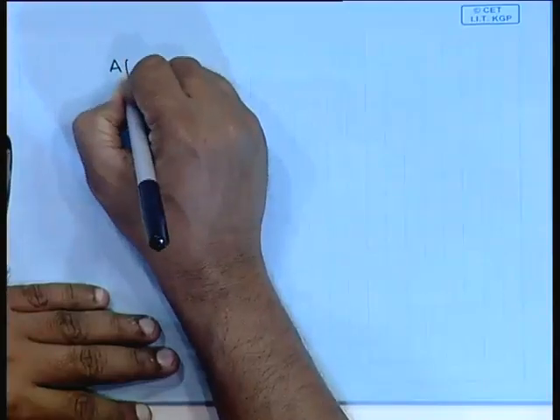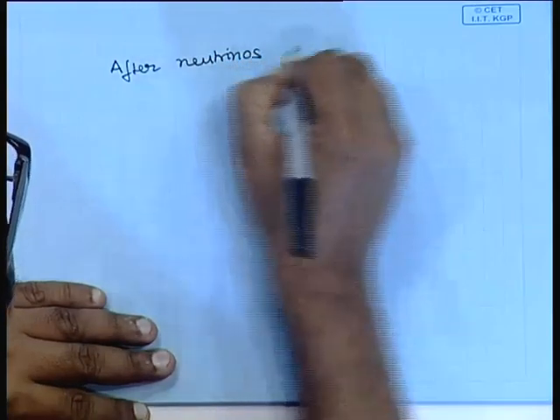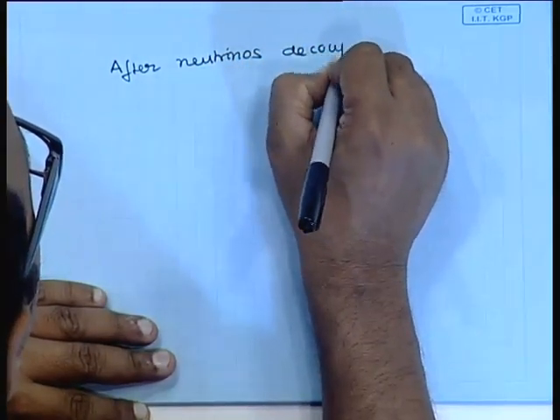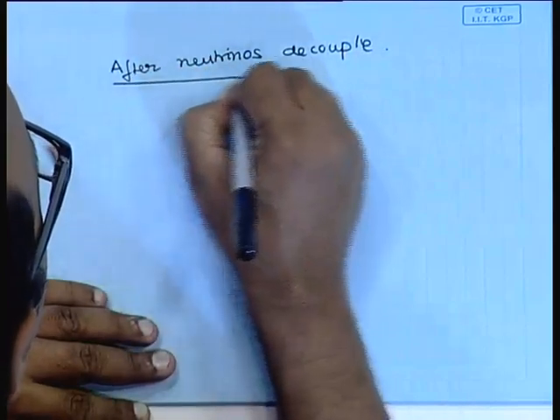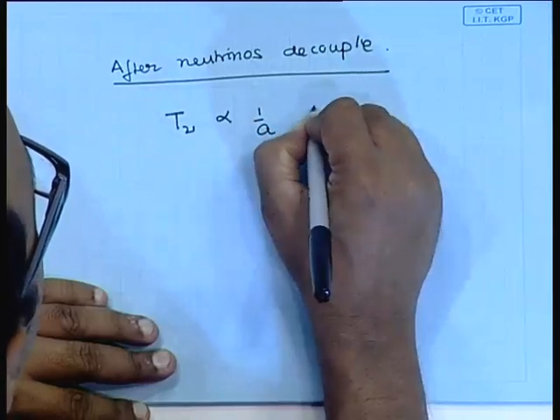So, once they decouple, the distribution function is frozen and it is just the same thermal distribution function as when it decoupled, the temperature just falls as 1 by A. So, after neutrinos decouple, T neutrino falls as 1 by A or proportional to 1 plus Z.